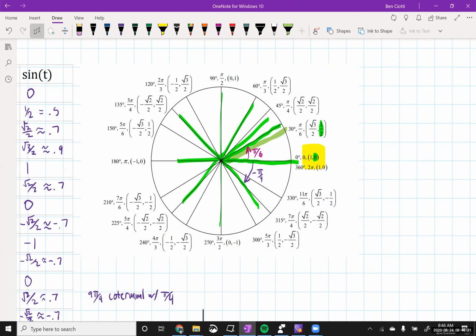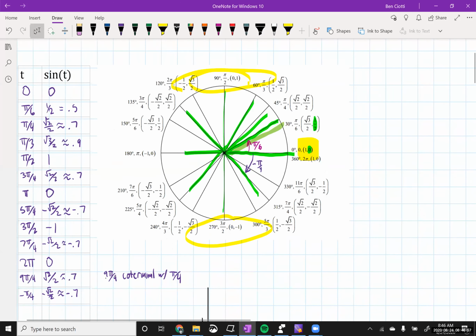But what's the biggest y value you can see on the unit circle? It never goes above y equals 1. And it never goes below y equals -1. So yes, good point. The sine is rigidly trapped between -1 and 1. It can never go above 1 or below -1.